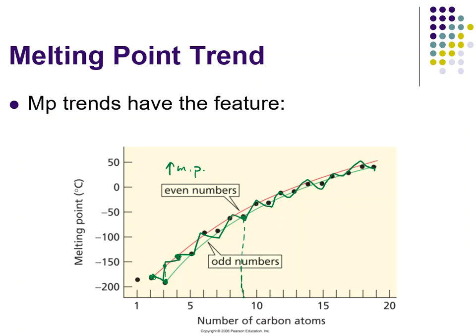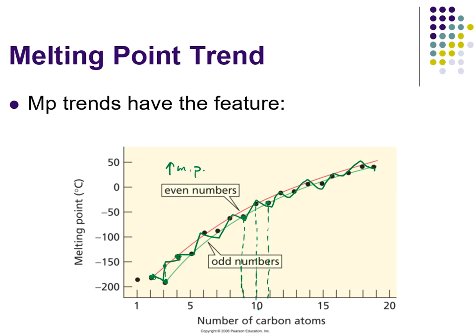And carbon number 9 has a lower boiling point than carbon number 10. And then carbon number 10 actually has a somewhat higher one than carbon number 11. So there's a little blip in this whole trend relationship.